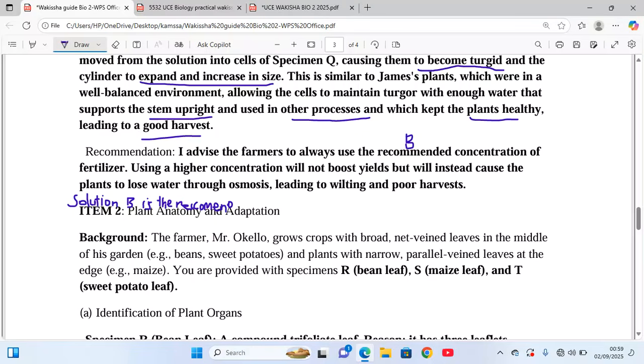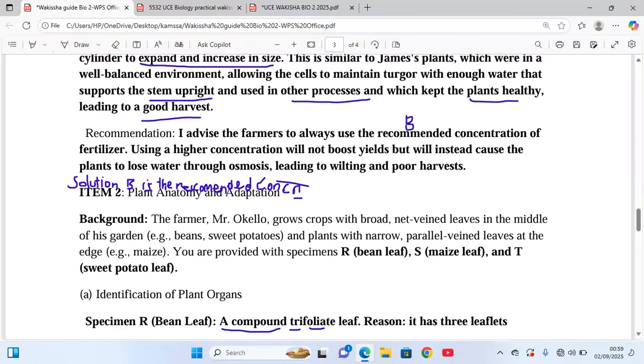I'm trying to write this. Recommended concentration. Abbreviating this: solution B is the recommended concentration of the fertilizer that they should use.